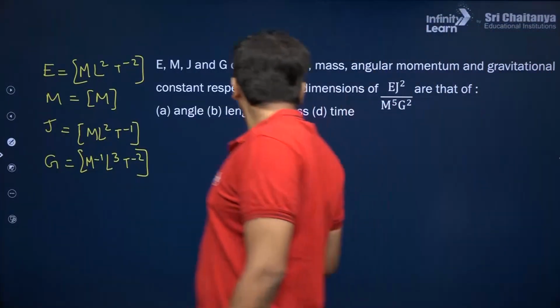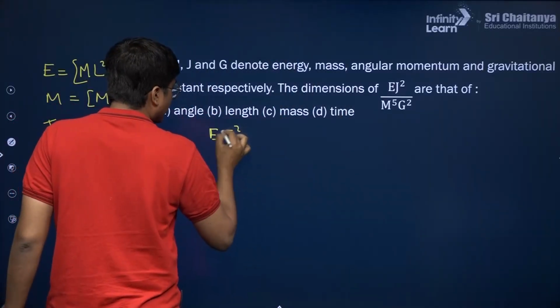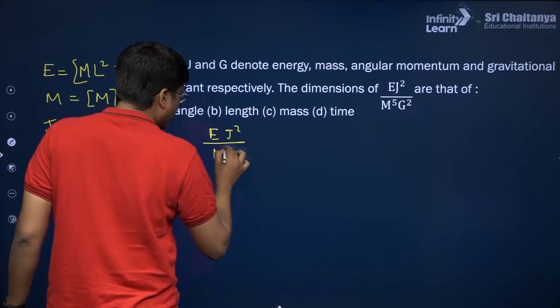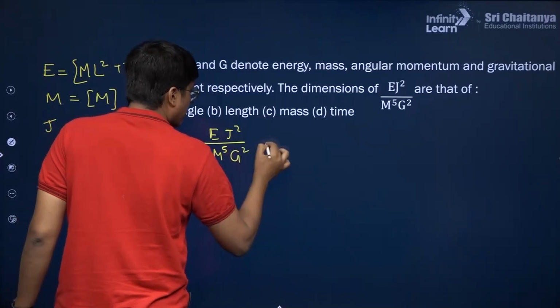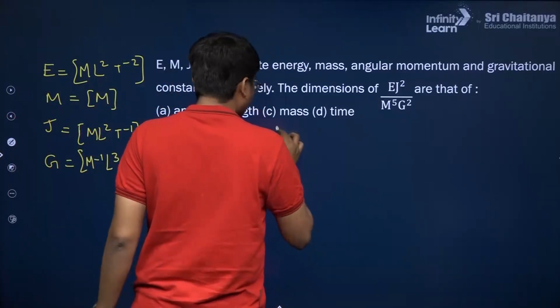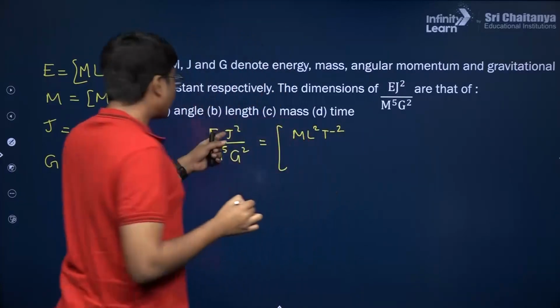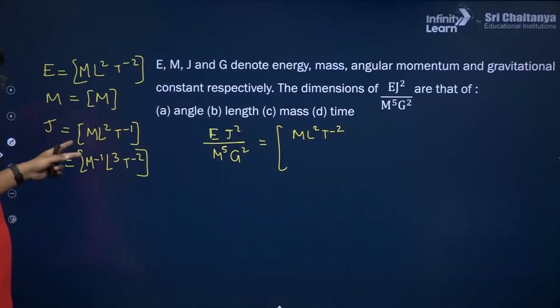So the dimensions of this are simple. We have EJ² divided by m⁵G². E is mL²T⁻², let's put that in. Next up we have J², so J was given by this.